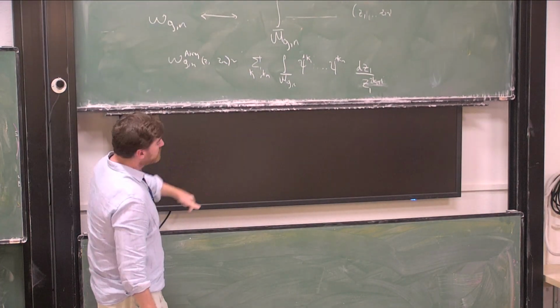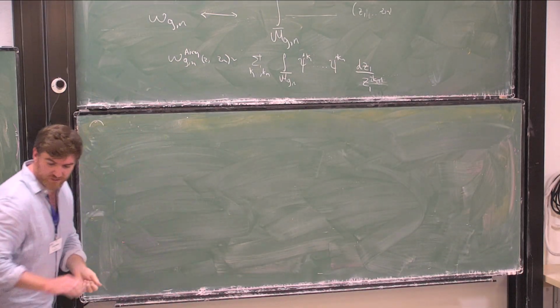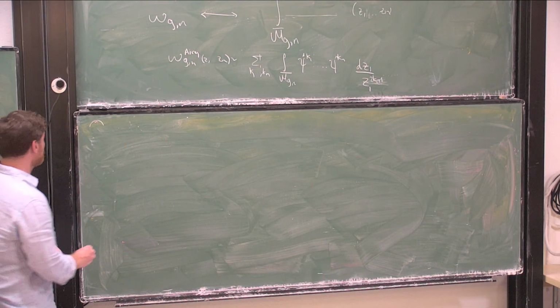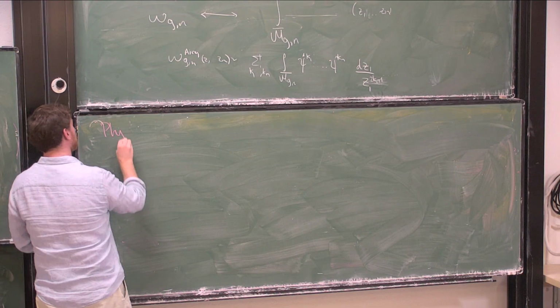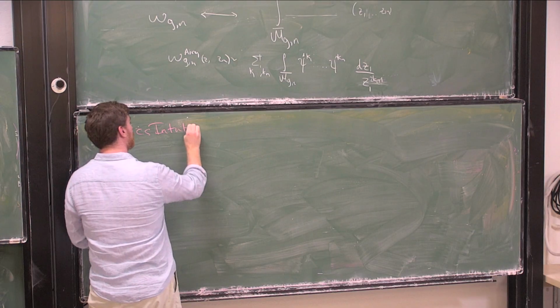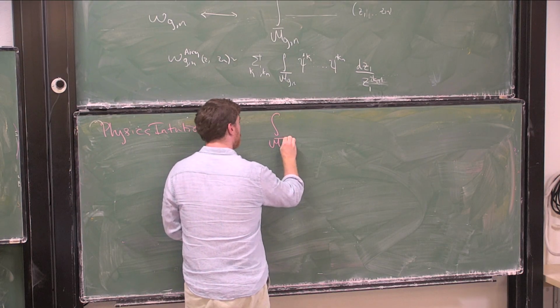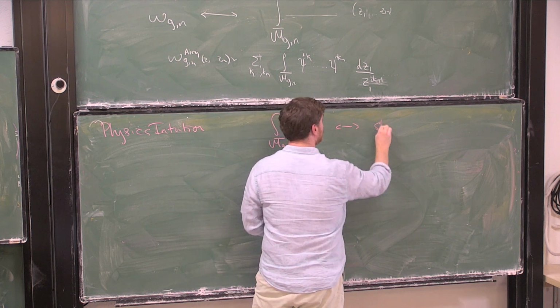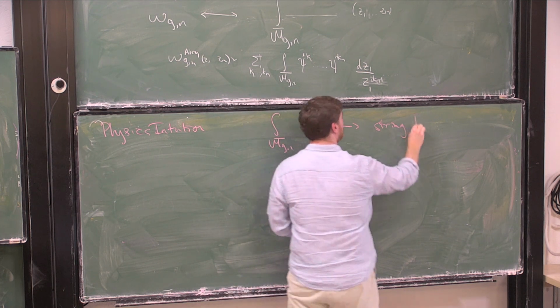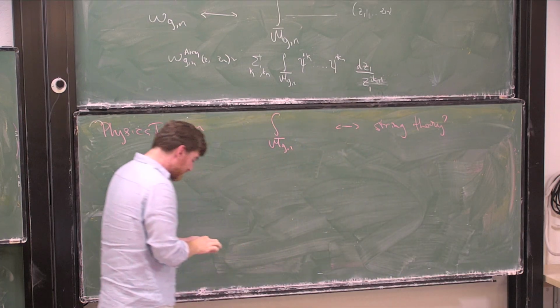Okay? So you can ask, now, physicists, they think these integrals over MGN, so physics intuition, is that integrals over MGN have some relationship to string theory. And roughly, why is that?